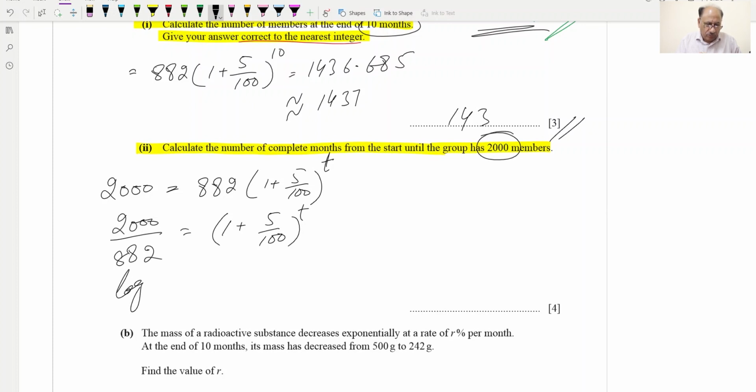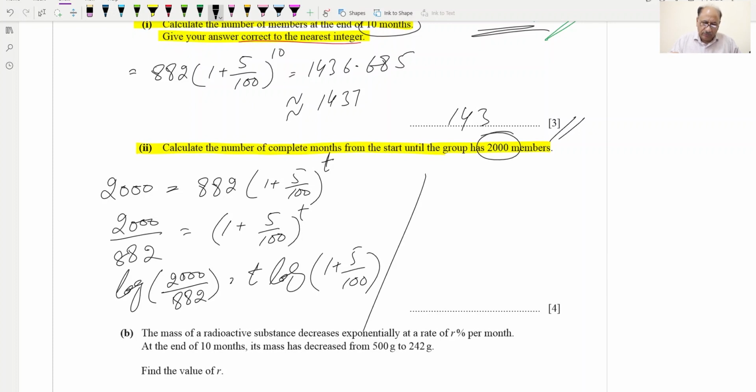So log of 2000 over 882 will be equal to t times log of 1 plus 5 over 100. And after this, we can write t is equal to log of 2000 over 882 divided by log of 1 plus 5 over 100.